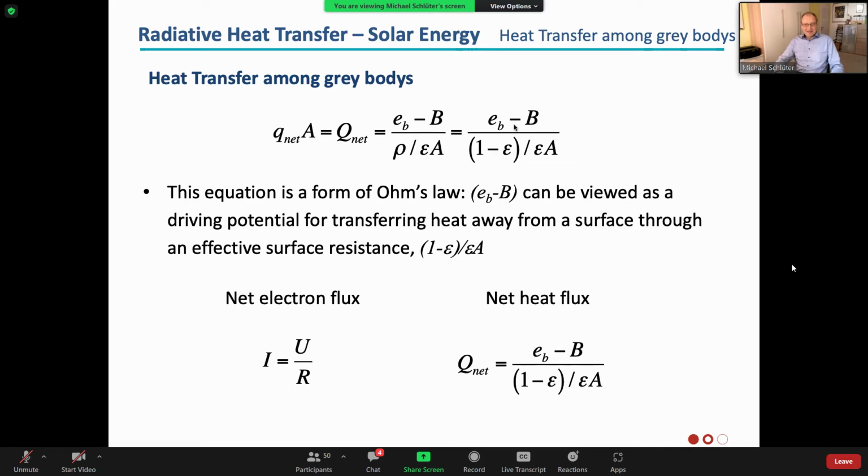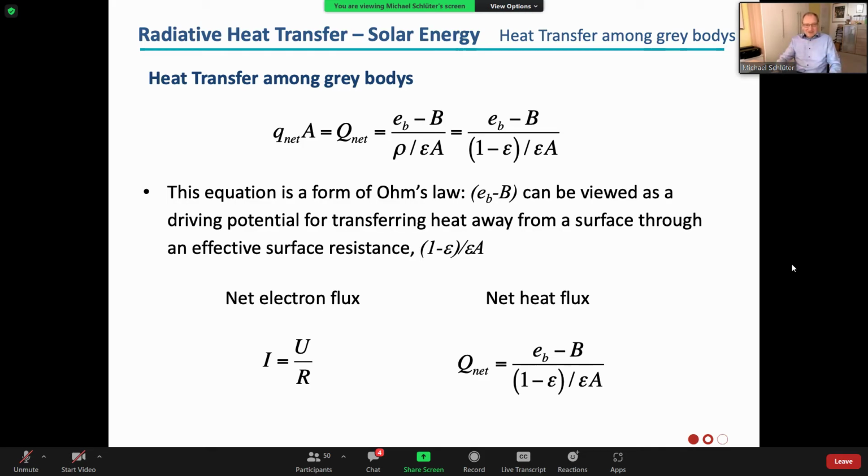EB was the power that is emitted by the black body, minus this radiosity. This is the difference, and the difference is the potential that we have available for the radiation at the end.